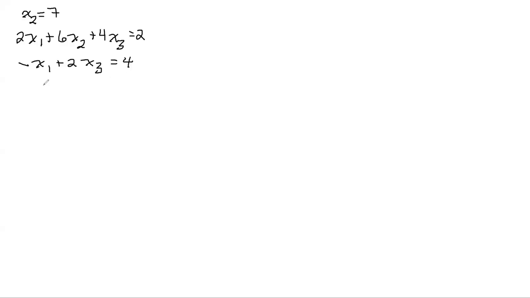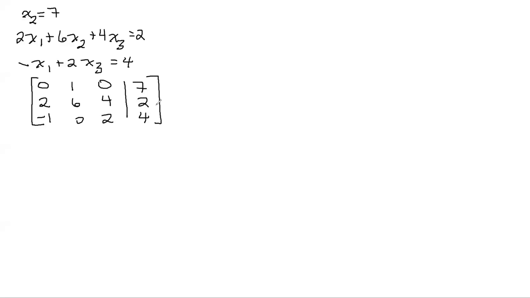So our first step, of course, is to get this into an augmented matrix. Our first equation reads no x1s plus 1x2 plus no x3s equals 7. Our second equation is 2, 6, 4, 2, and our third equation is minus 1, 0, 2, 4.